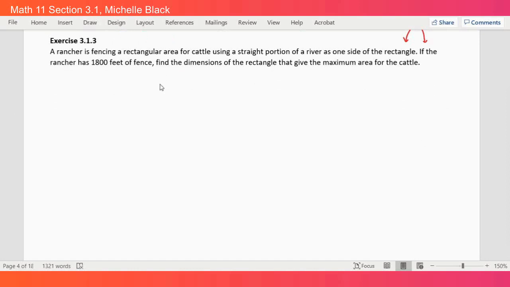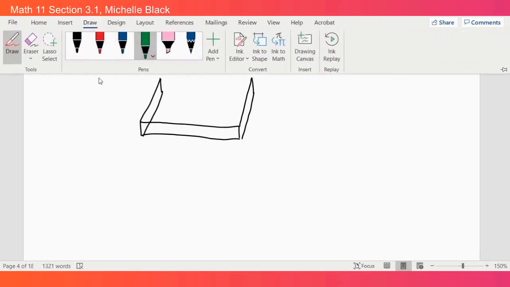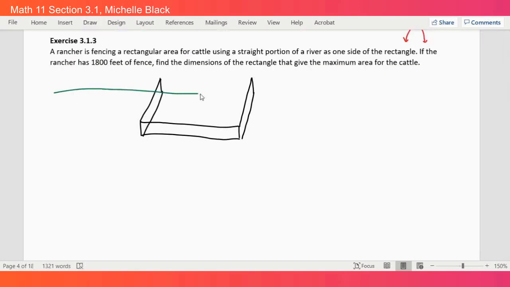Well, the setup here seems like I'm going to have some fencing. But I only need 3 sides because that back side is going to be a river.